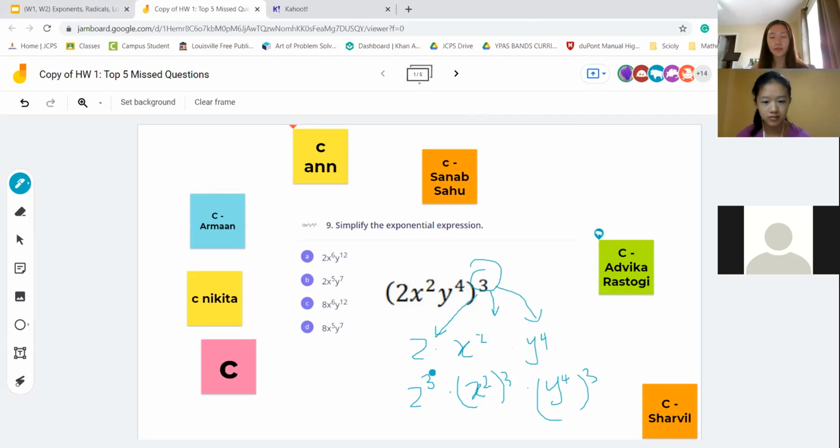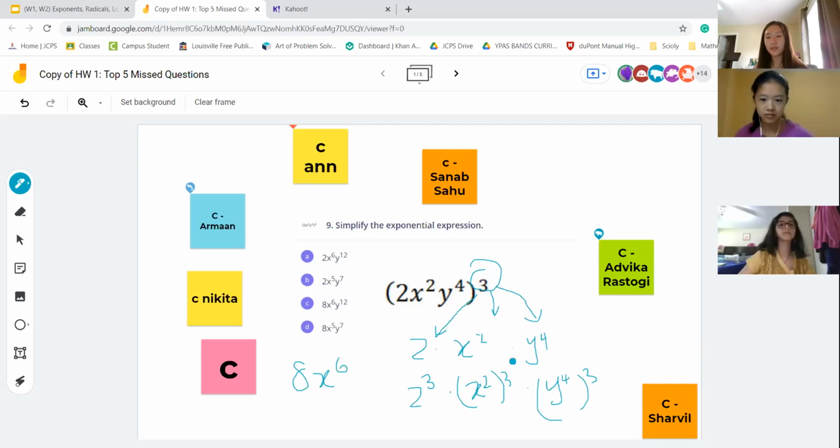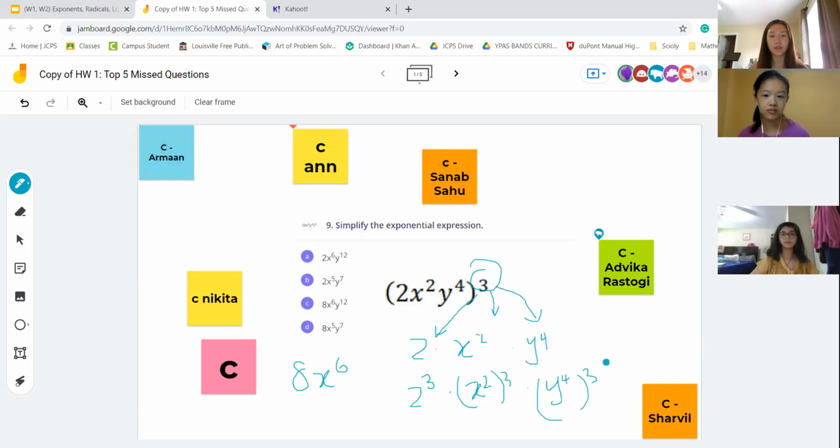Then now we can just simplify. So 2 cubed is 8. X squared to the power of 3 is x to the power of 2 times 3, which is 6. And finally, y to the 4th power to the power of 3 is y to the 4 times 3 power, which is 12. So yes, a lot of you guys said it was C, and that is indeed the answer. Any questions? Okay, let's go to the next one.